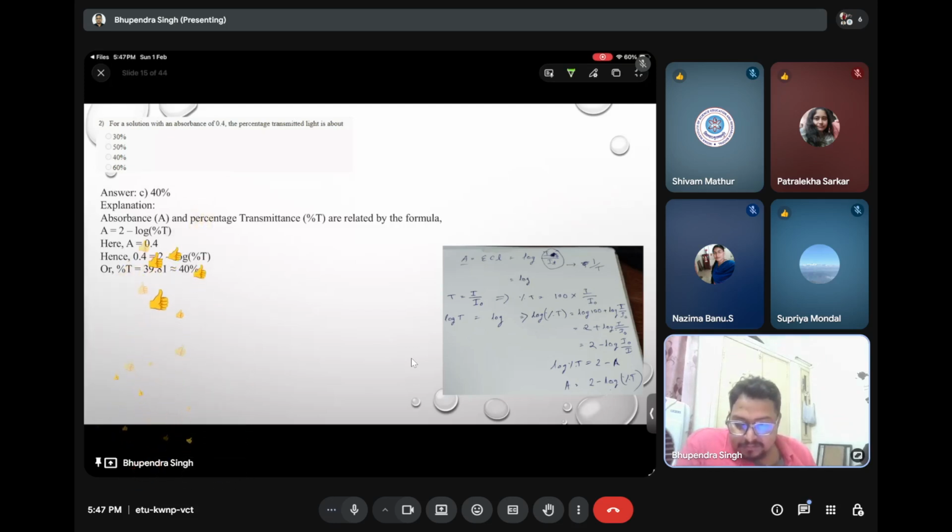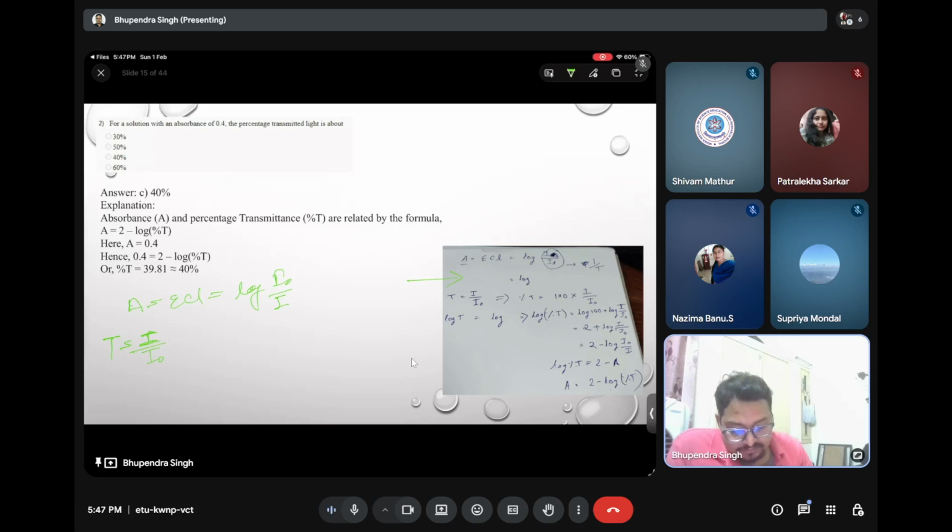For a solution with an absorbance of 0.04%, the percentage transmitted light is about, so you know the formula. This I have already calculated here. You can see that epsilon CL equals log I0 by I, and the transmittance is equal to I by I0.